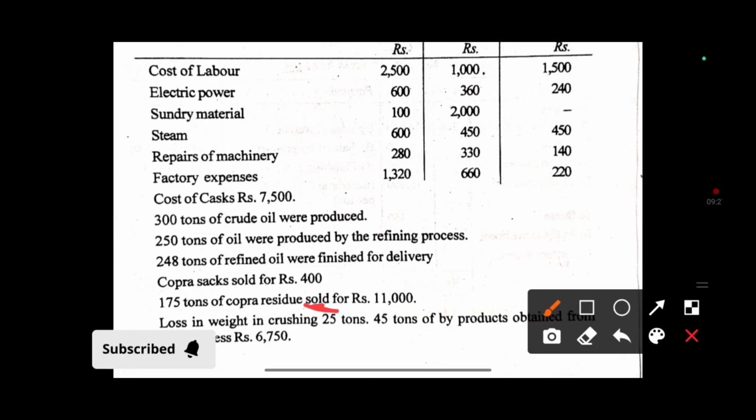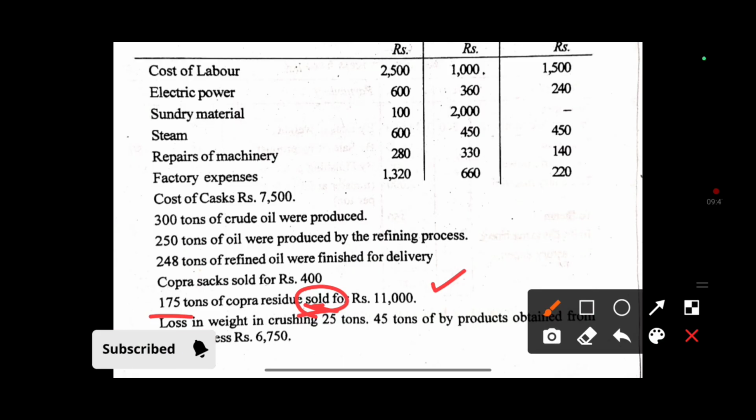Whenever you see sold, that means selling. Balaji oil mill is selling 175 tons of copra residue at 11,000 rupees. When you sell the goods, you receive cash, right? Income, revenue.